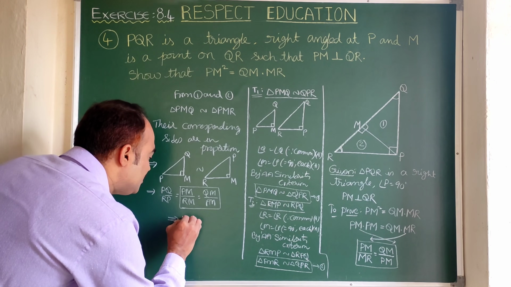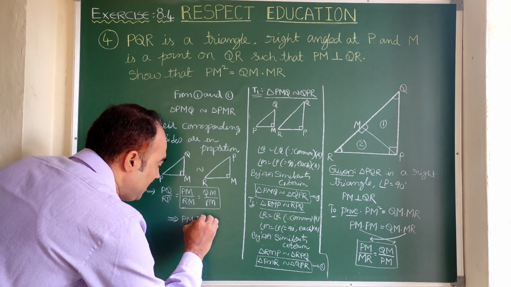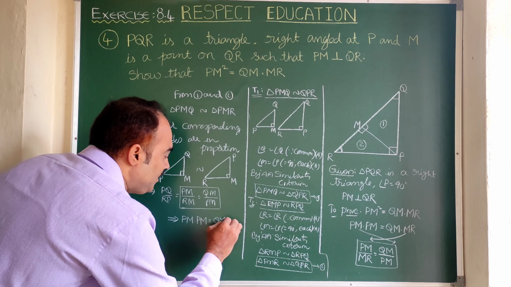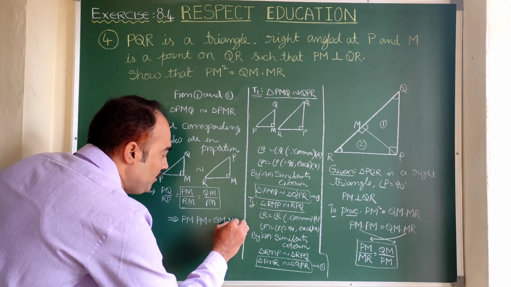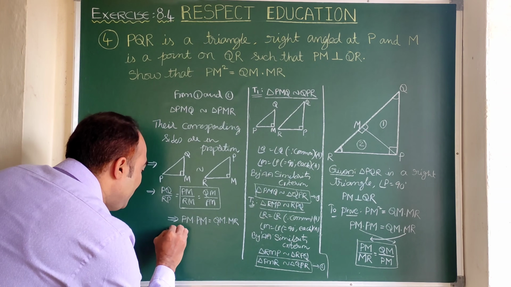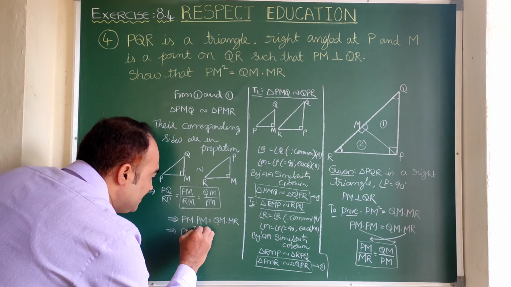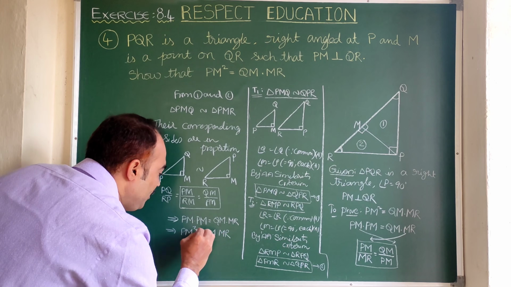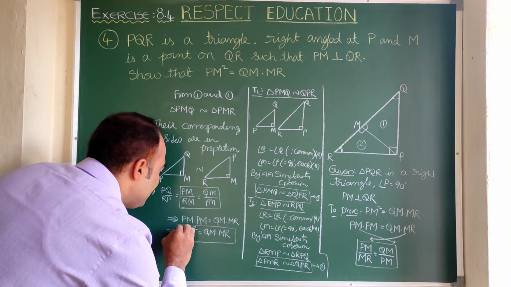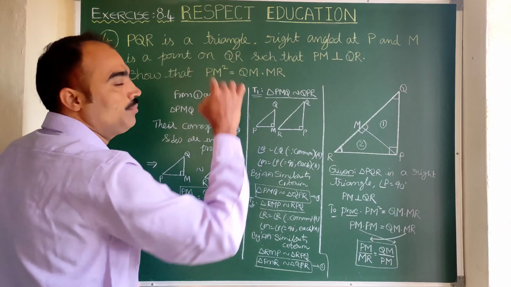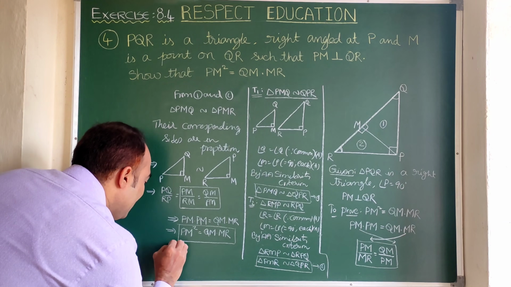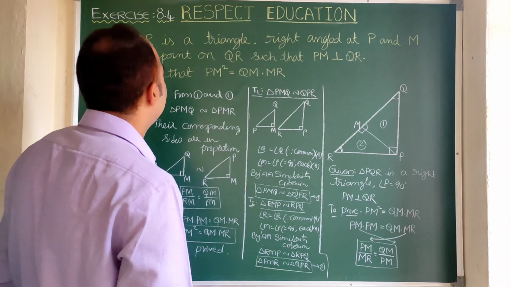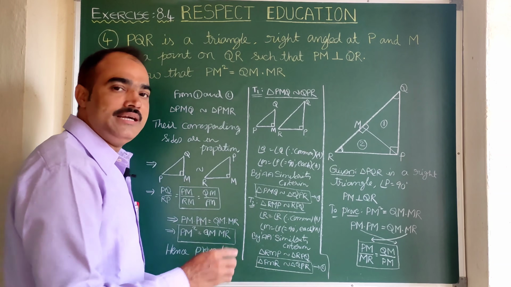PM into PM is PM square, equal to QM into MR. QM into RM, we can write MR also, QM into MR. So PM into PM, PM square, is equal to QM into MR. Now this is what we needed to prove. So we can write hence proved. Right, with this, the fourth problem gets completed.